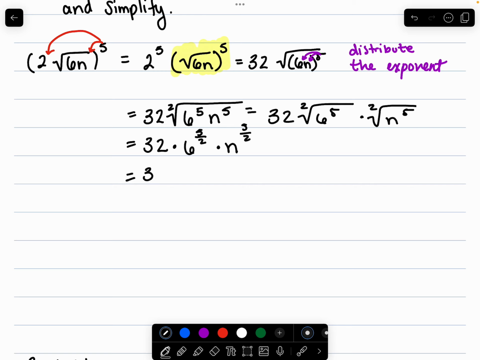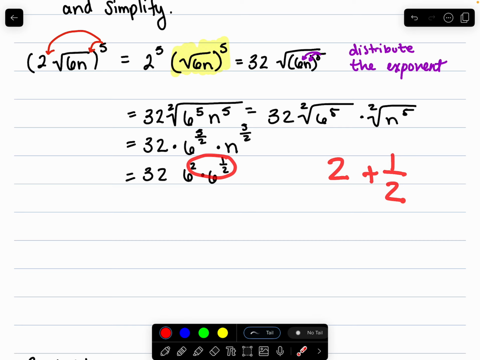Okay, so we just get 32 times, how many times can 2 go into 5? At least 2 times, right? So you're going to end up with 6 squared times 6 to the 1/2. Because let's add this together. 2 plus 1/2.